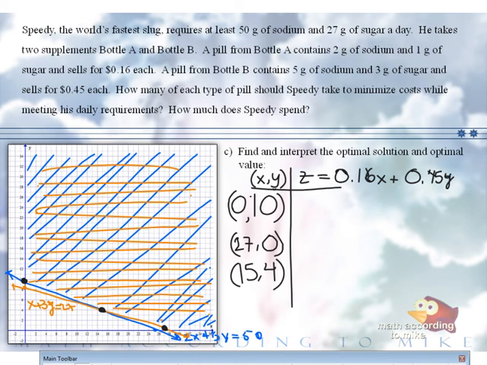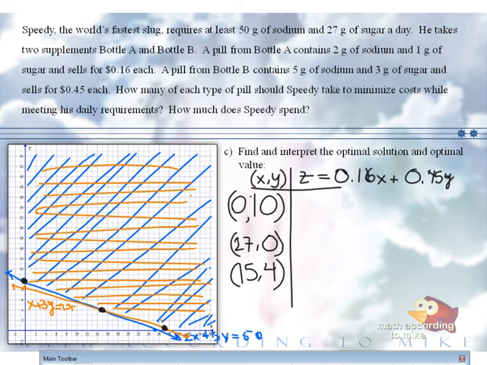Before we do, let's talk about things. If you recall from the problem, the pills from bottle A contain less of those supplements than the pills from bottle B. And that's also corresponding in the price. Pills from bottle A cost less than the pills from bottle B. So if money wasn't an object, then he should just load up on pills from bottle B, because he'll quickly get his supplement restrictions there.